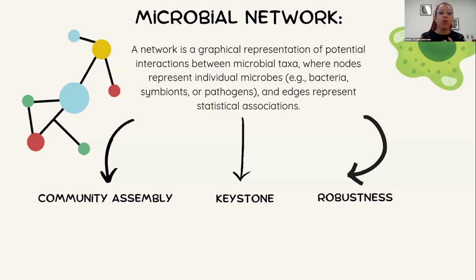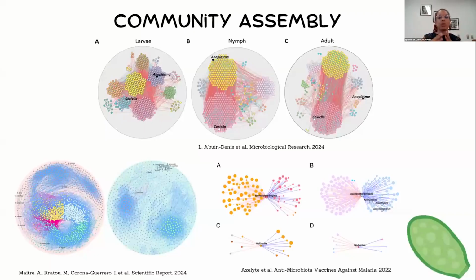I want to show you some examples of visualization of microbial networks. Depending on what we want to express in our research, we can use different models to visualize. In the first case, we can see larva, nymph, adult, and how the microbiota of Rhipicephalus microplus changes from one stage to another.